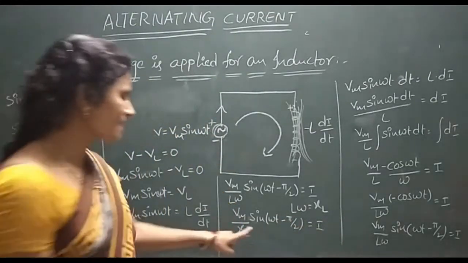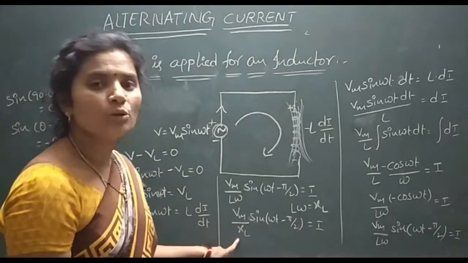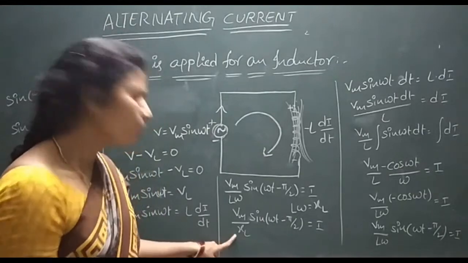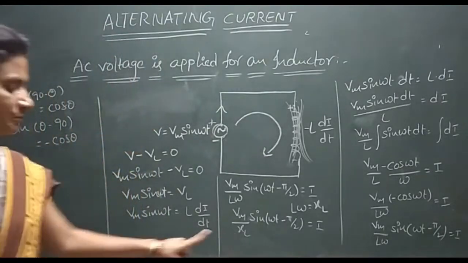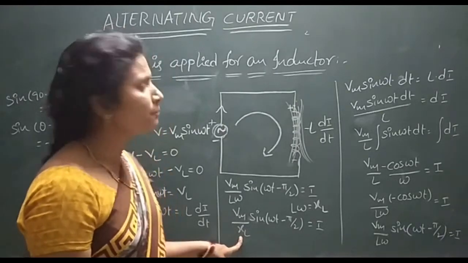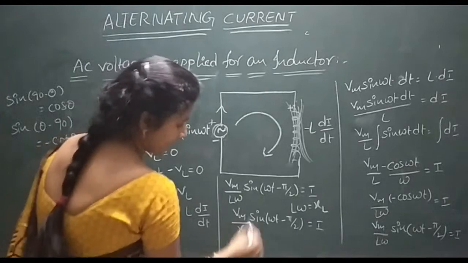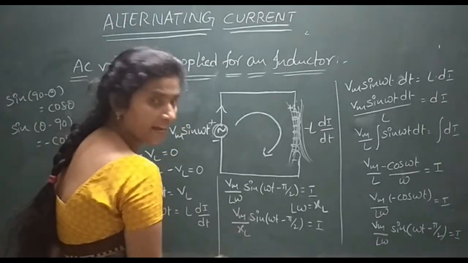Here XL is nothing but inductive reactance. Inductive reactance is a kind of resistance which is offered by the inductor. So it is represented by XL.